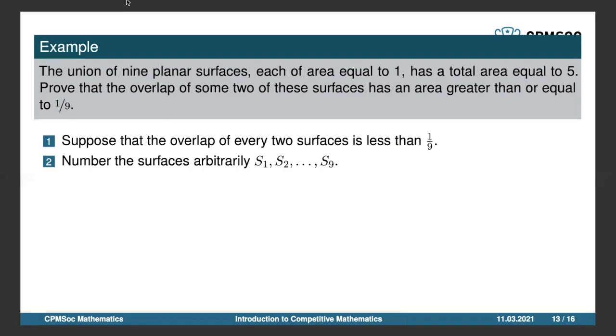Usually when you're beginning a question, picking good notation for all the objects involved is a very generically applicable principle that lets you reason more clearly about the problem and get your thoughts down on paper so you don't forget them or get muddled up. So we'll number the surfaces S1, S2 up to S9.